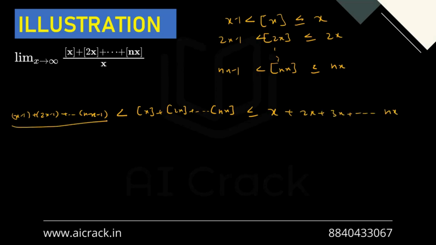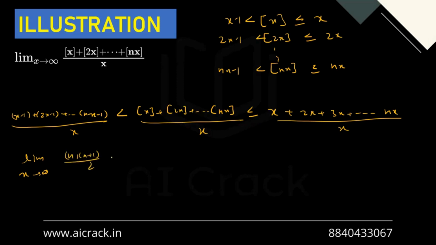Now we divide the entire inequality by x, because x is approaching positive infinity. If we take the limit, for this it would become limit x approaches infinity, we have x plus 2x plus till nx, so that would become n(n+1)/2 x, because that is the sum of nx. And we have n times minus 1, so minus n, whole divided by x.